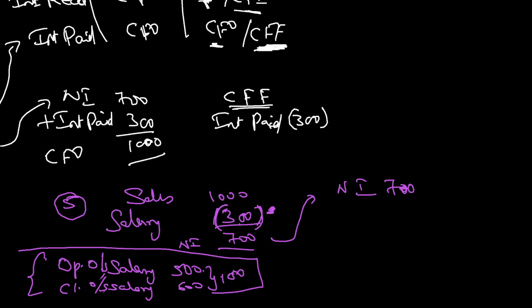So 100 is still with me, so I will add back this 100, the outstanding salary for this year. My cash flow from operation will be 800. So moral of the story, when the current liability is going up, I am supposed to add it back to the net income.